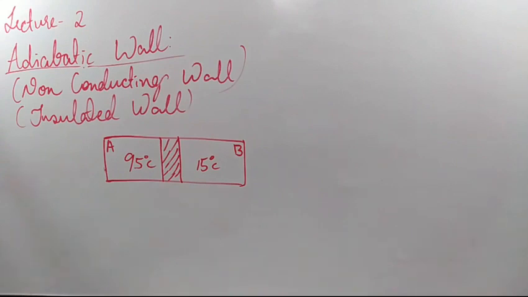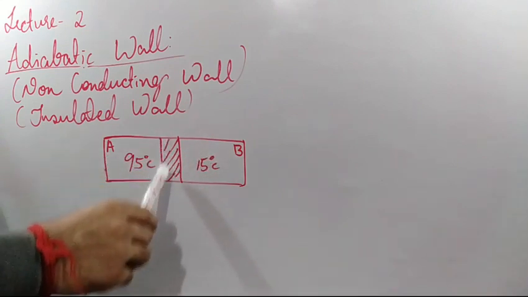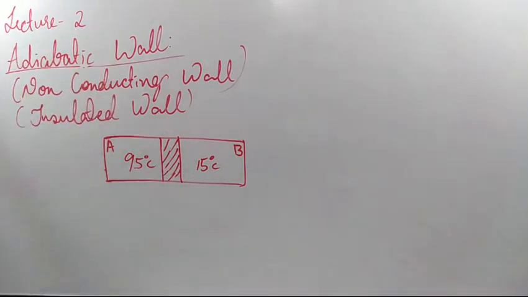In between system A and system B, we have which wall? Adiabatic wall.